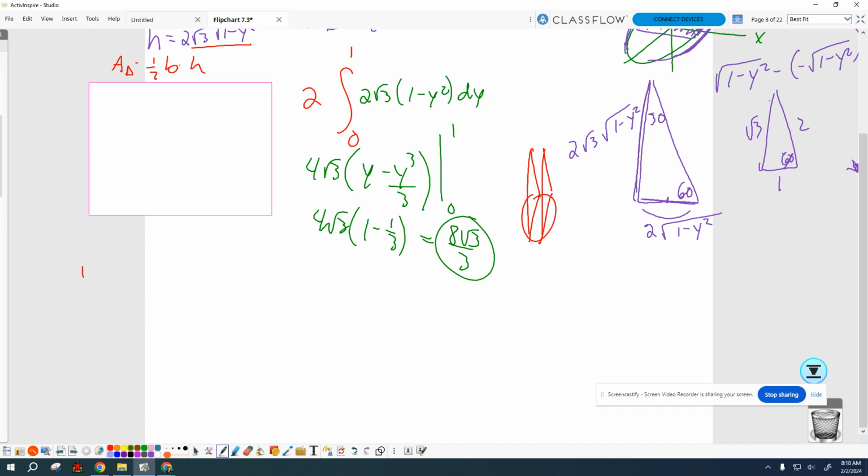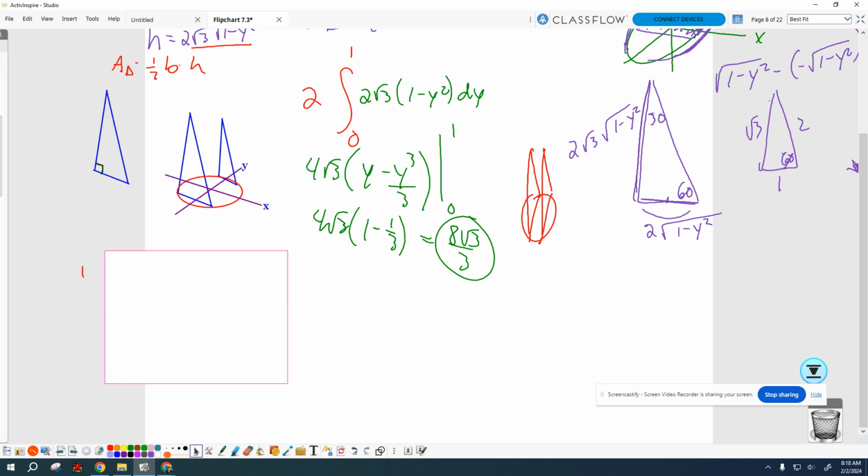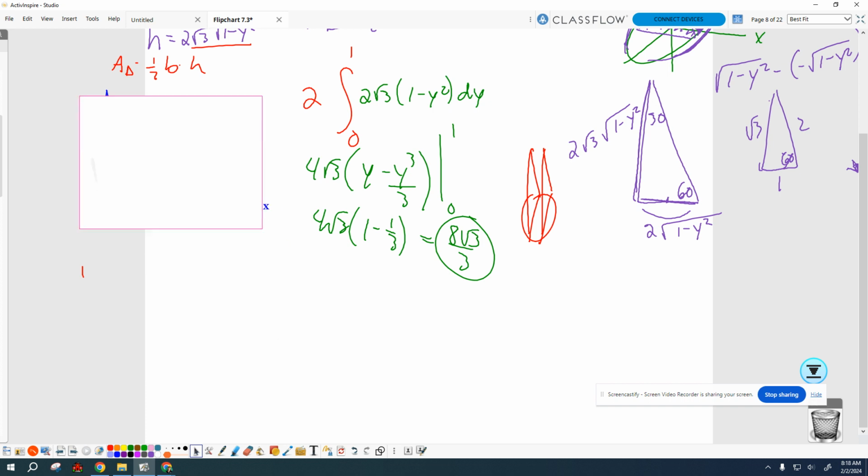I don't remember what's under the box. Tried to draw it with not crappy handwriting. But 8 root 3 over 3. Yeah.